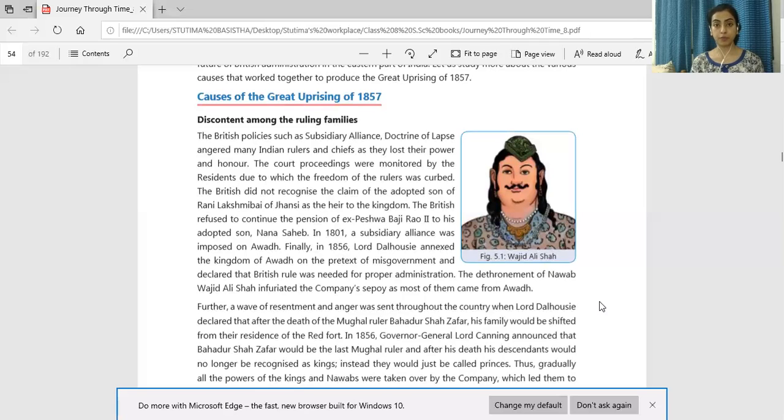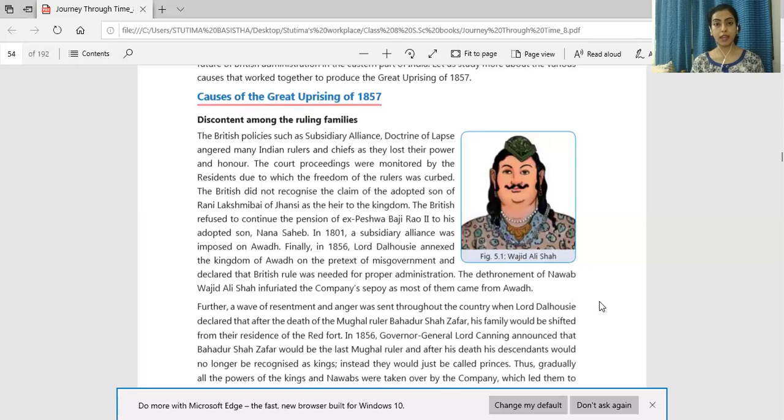And the doctrine of lapse was what? The doctrine of lapse was that if any ruler did not have an heir, then that kingdom would directly come under the control of the British. But according to Hindu law, there was a provision for the adoption of a son. What did the British do?